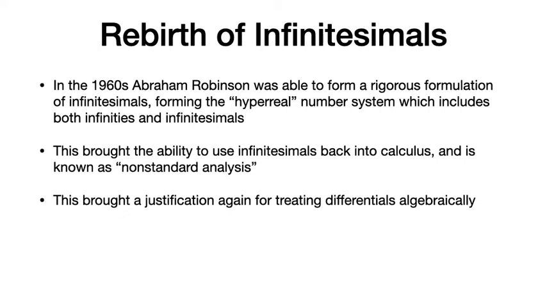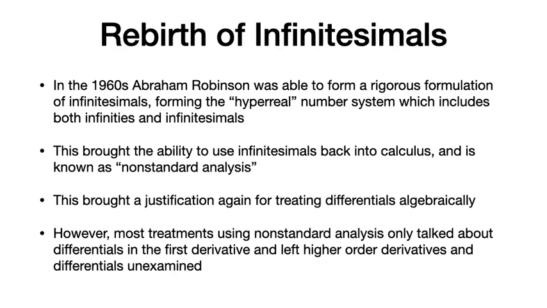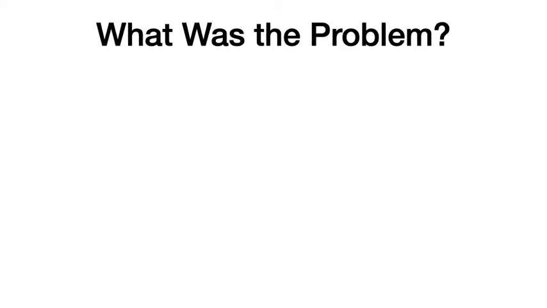The problem is that most treatments using non-standard analysis only talked about derivatives in the first derivative, and generally left out higher order derivatives and differentials, or left them unexamined, or sometimes they just repeated the old way and didn't talk about the fact that there was a problem. So why was there a problem? Well, it turned out that the defenders of differentials and infinitesimals actually didn't take their own theory seriously enough, right?